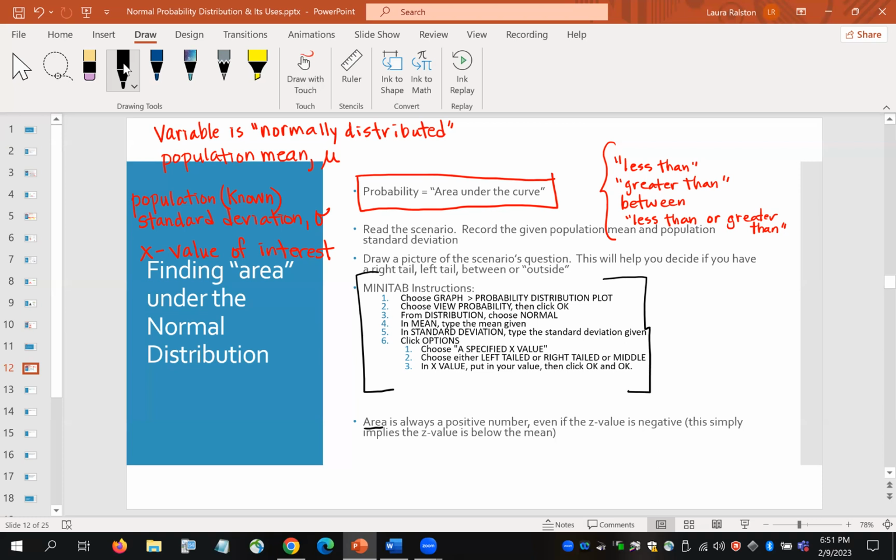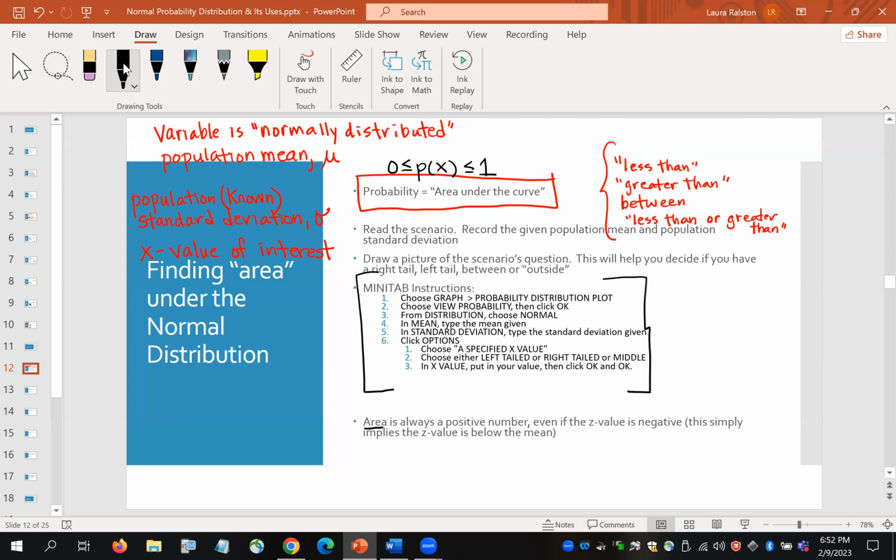Okay, remember, we're actually calculating the area under the curve, which corresponds to a probability. If it is a probability, remember all probability values must be between 0 and 1, including 0 and 1.